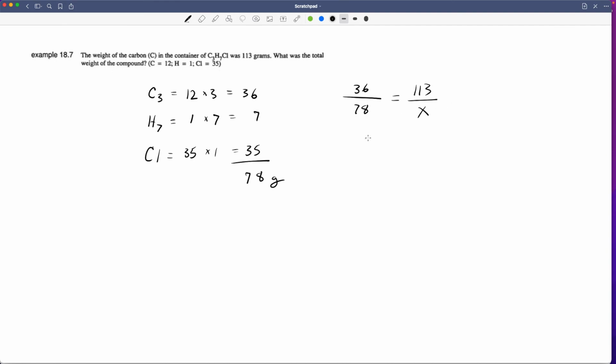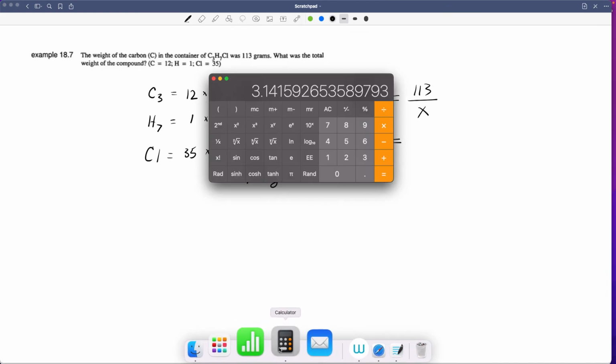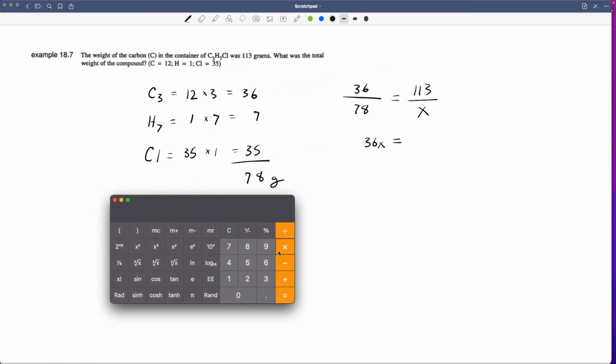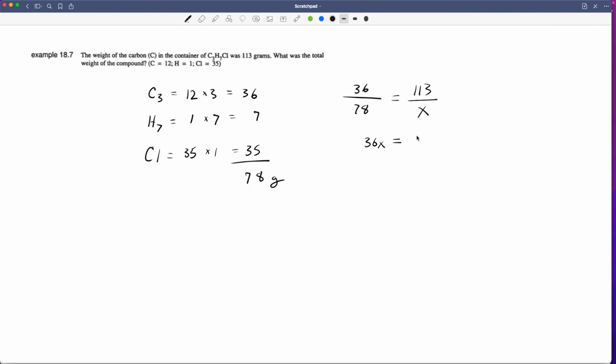So we just cross multiply. 36 times x is equal to 78 times 113. So let me get my calculator. I can't do that in my head. My brain's not quite there. 78 times 113 is equal to 8814. And then we're going to divide that by 36.